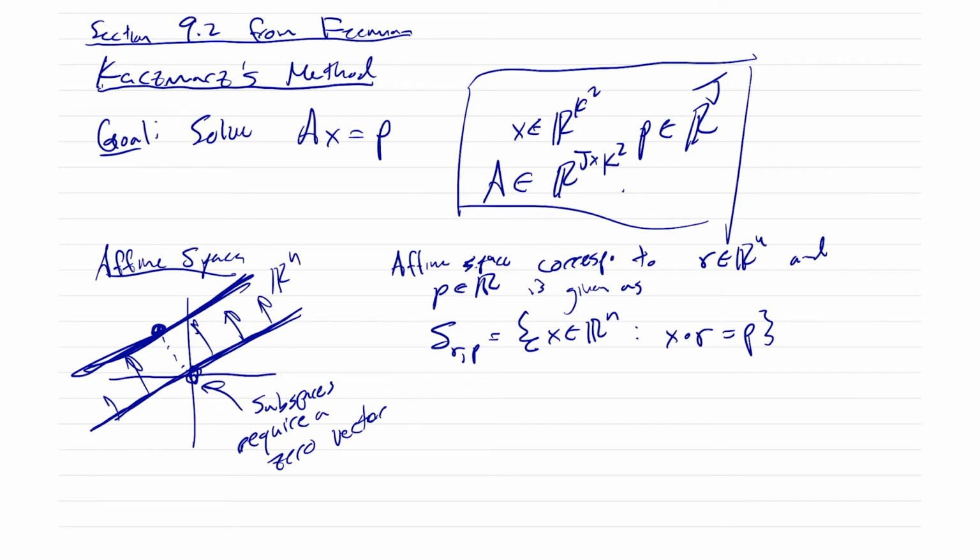So basically you get some sort of linear term and then it's shifted, right? So if p was equal to 0, then that would be a linear space. But this is affine.